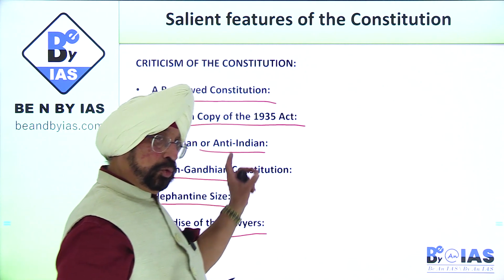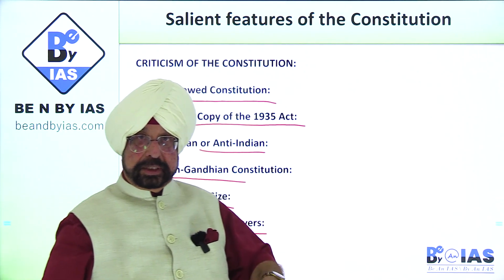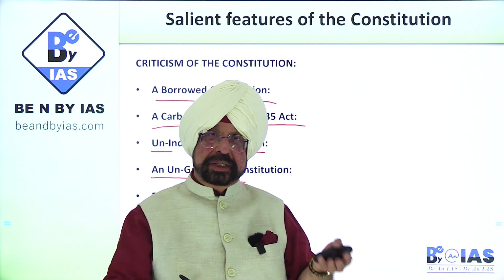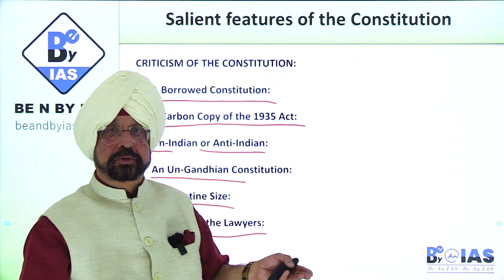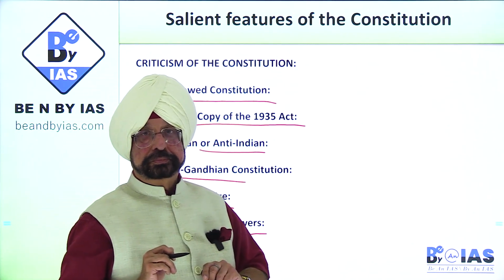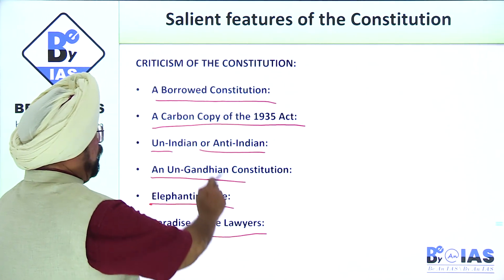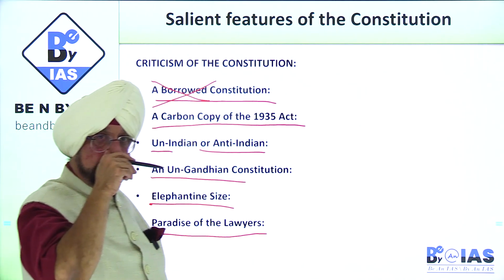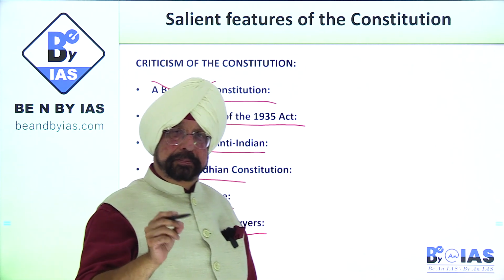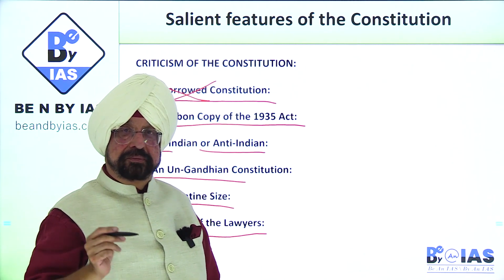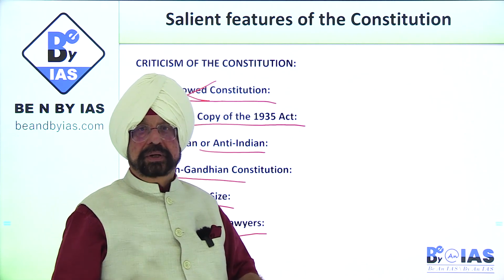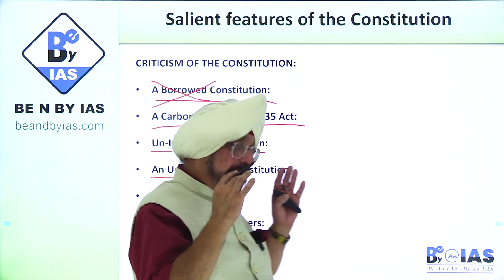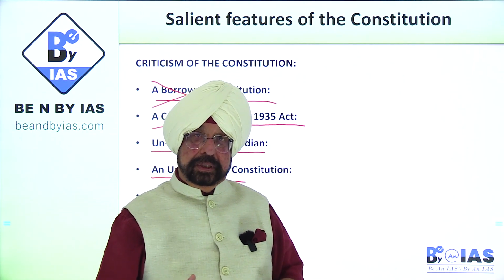Now, once you write this criticism in the critical phase of your answer, you must also say that this is not exactly true. How? It is not a borrowed constitution. Why do you say so? Because we have picked up the best features and made them adaptable to our conditions, to what we required and the aspirations and aims of the people.